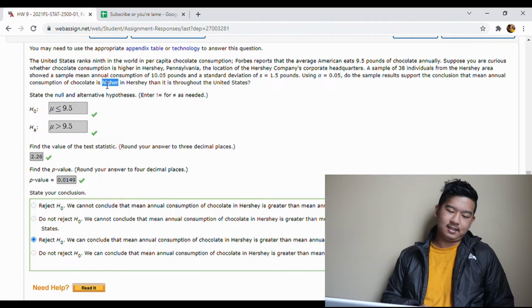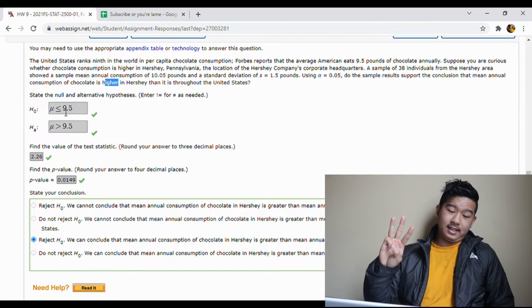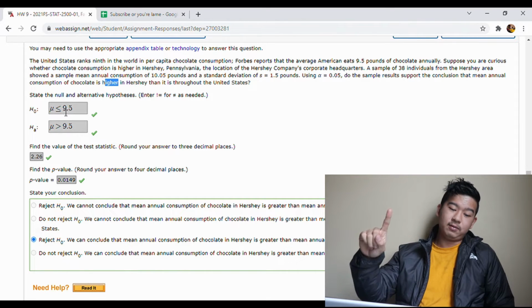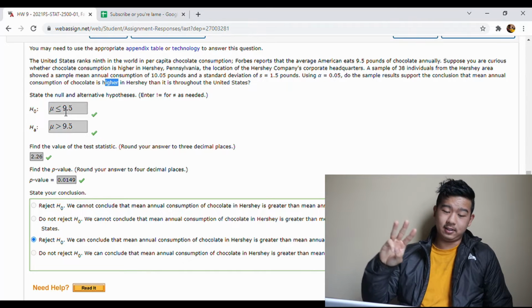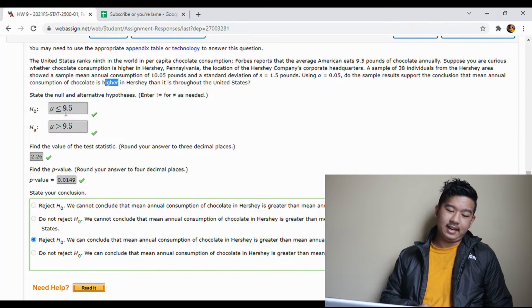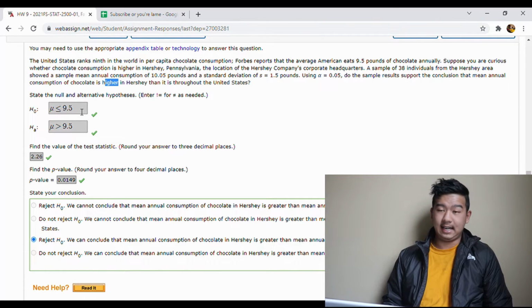Higher means greater than, and we're done. For our null hypothesis, you have three options again: equal to, greater than or equal to, or less than or equal to. In this case, because our mu is higher than 9.5, the null is mu less than or equal to 9.5, because it's the opposite.